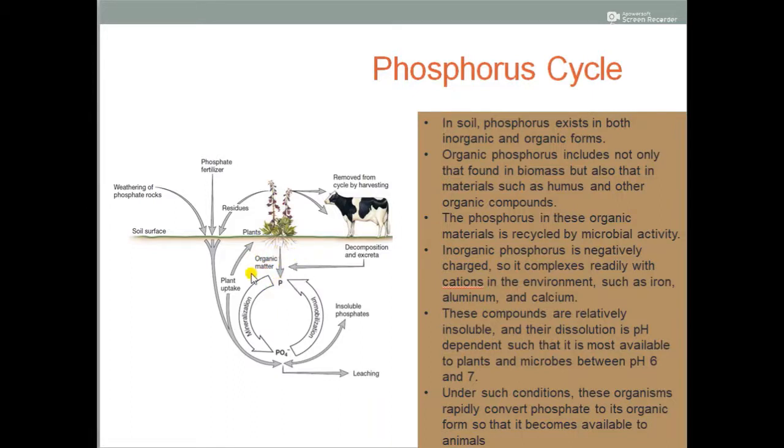The organic matter which reaches the soil will undergo mineralization to form inorganic phosphates, and further on these inorganic phosphates will be converted into organic phosphates by the process of immobilization.